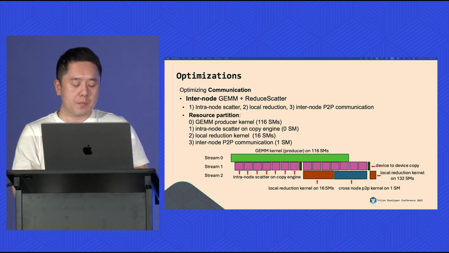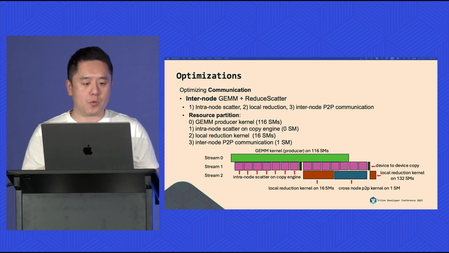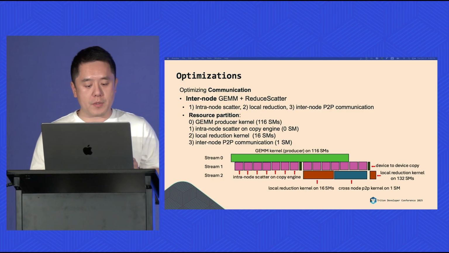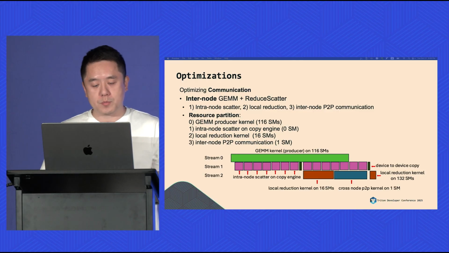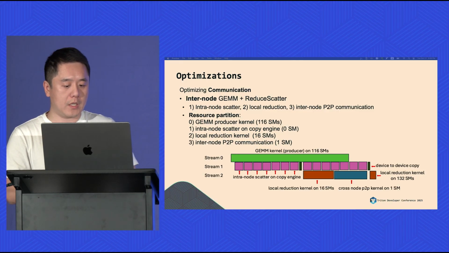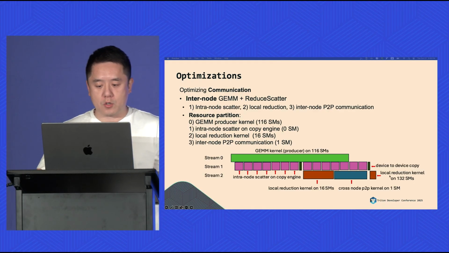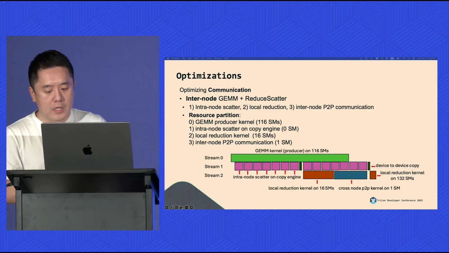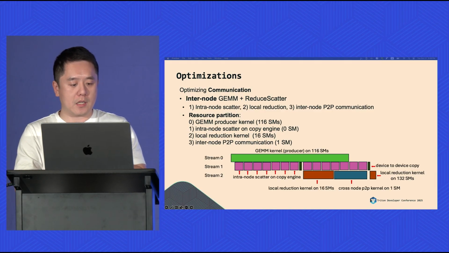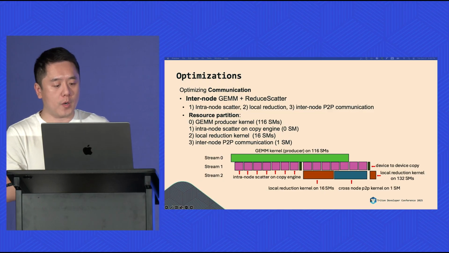To make sure this reduction kernel doesn't consume so many SMs that it affects the GEMM performance, we tested it out and use only 16 SMs for this reduction. For the later cross-node P2P, we use only 1 SM to do the internode communication. And finally, you have the local reduction to get the final result at all SMs. So it's very precise control of the different resources for different kernels on different streams to reach good performance for this case.